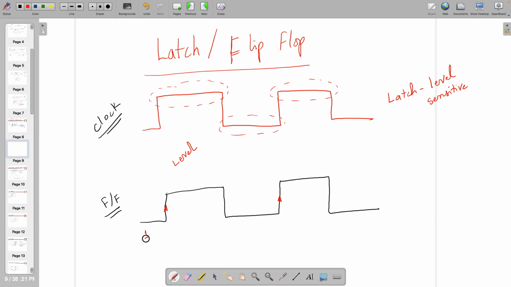Transition going from 0 to 1 or 1 to 0, that's going to define the flip-flop. So it will give you the output only on the transition. This kind of thing, flip-flop, has a technical word known as edge triggered.